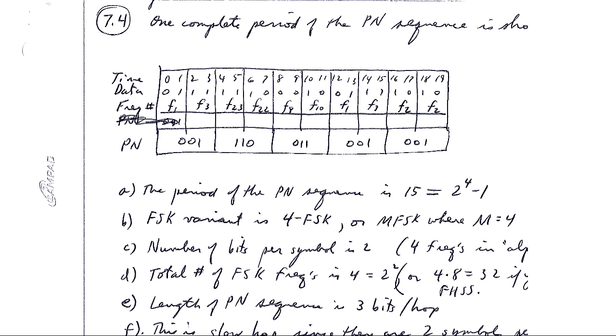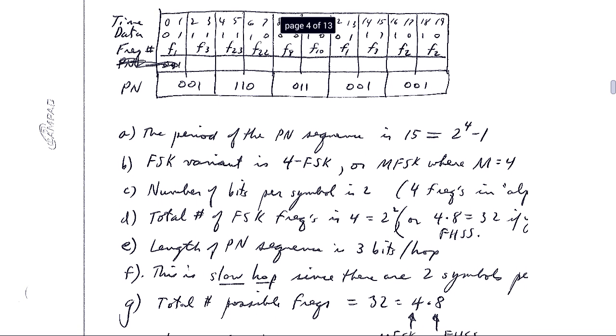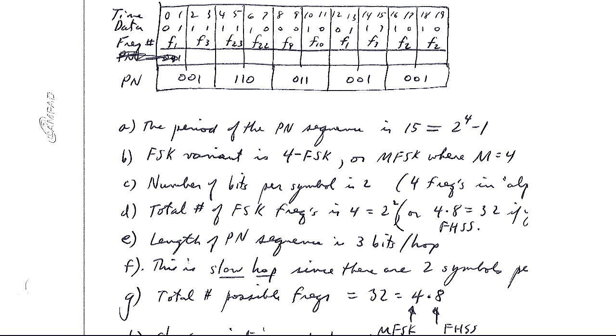For part E, it asks what is the length of a PN sequence per hop? Well, it's 3 PN bits per hop. Okay, so the answer is 3 there. For part F, what type is this, slow hop or fast hop frequency hop system? It's slow hop, since there are 2 symbols per hop.